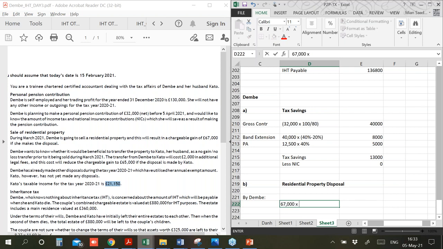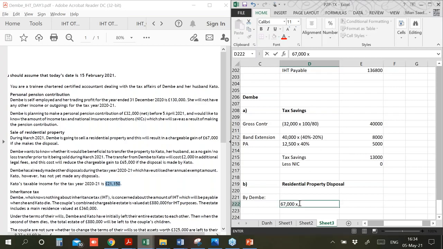It would have been taxed at 20% or 28%, guys. What was the rate? 20% or 28%? Thank you. 28% it will be, as it is residential property.